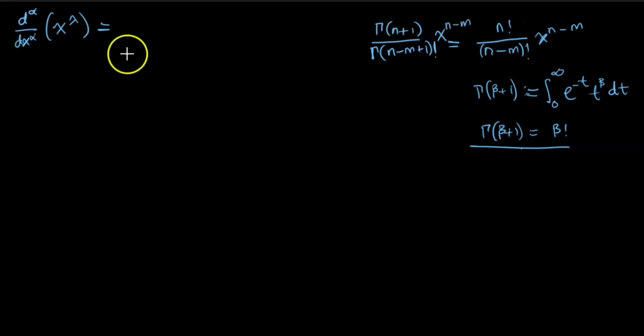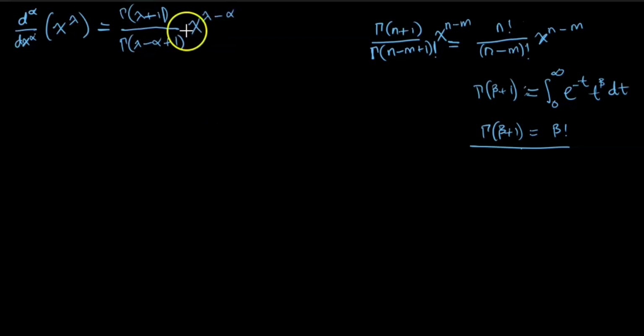Good. So in the case where n is replaced with lambda and m is replaced with alpha, we have gamma of lambda plus 1 divided by gamma of lambda minus alpha plus 1, then x raised to the power of lambda minus alpha.